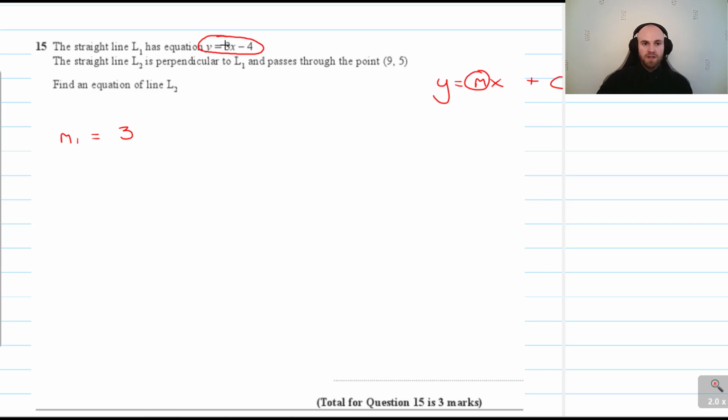Remember, m1 multiplied by m2 equals minus 1, so 3 multiplied by m2 equals minus 1. I'm going to divide both sides by 3, and that cancels this out, so m2 equals minus 1 over 3.